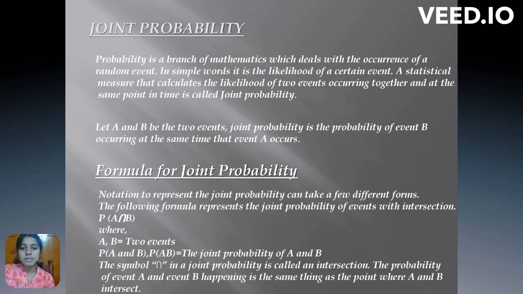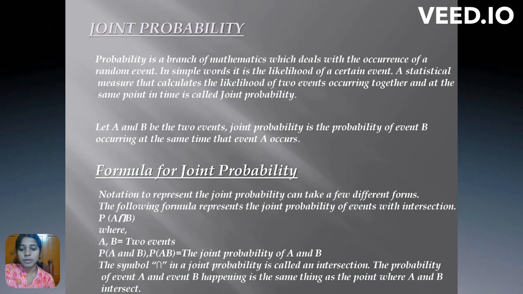Here is an example: let A and B be two events. Joint probability is the probability of event B occurring at the same time that event A occurs. The notation to represent the joint probability can take a few different forms: P of A intersection B, where A, B are two events, P of A and B, or P of AB is the joint probability of A and B. The symbol between A and B in a joint probability is called an intersection.